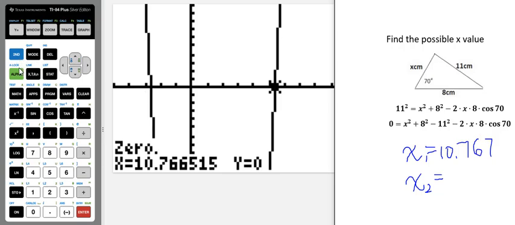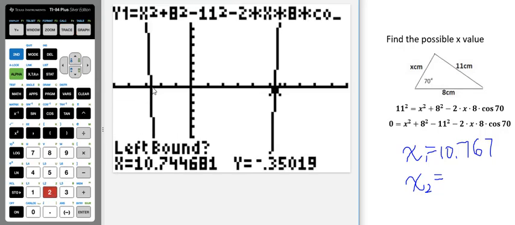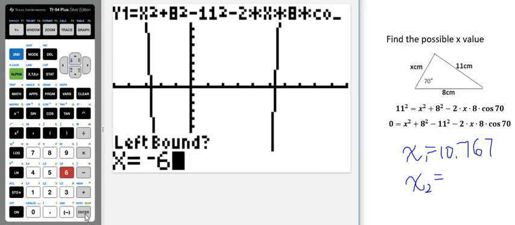So we go to second trace again, then go to 2. I want to get this 0. Therefore, the left bound means on the left side of this x-intercept. We know this is -2, -4, -6. So I just put -6. Enter.